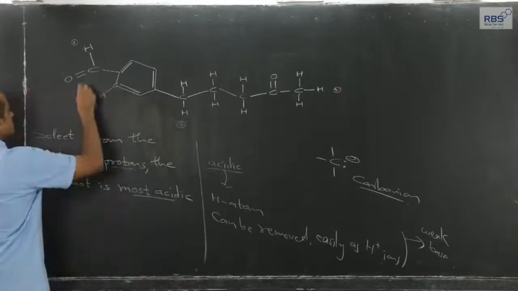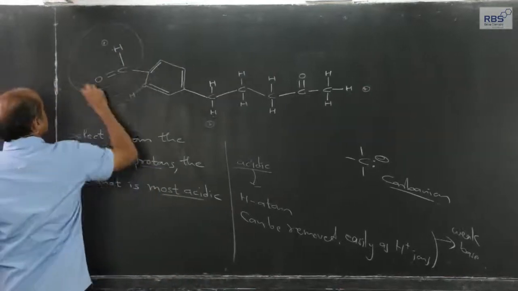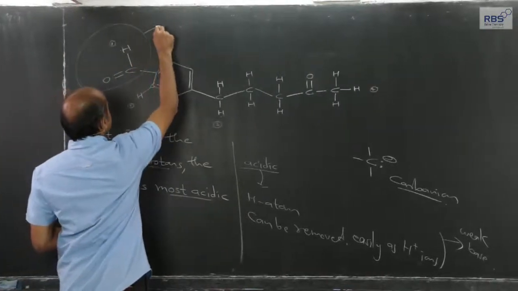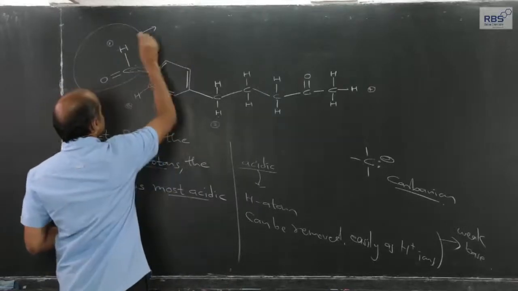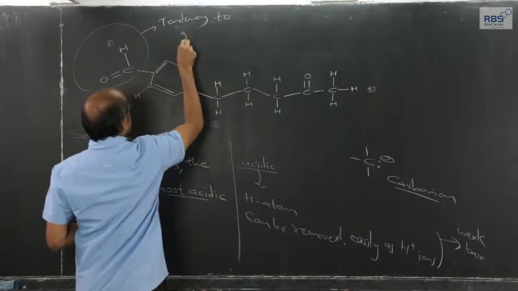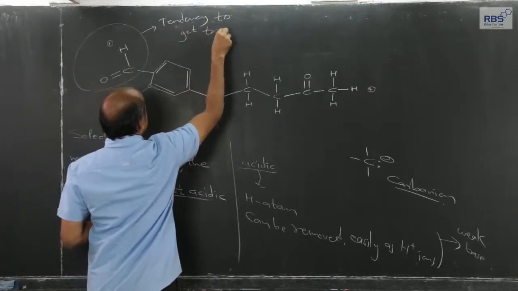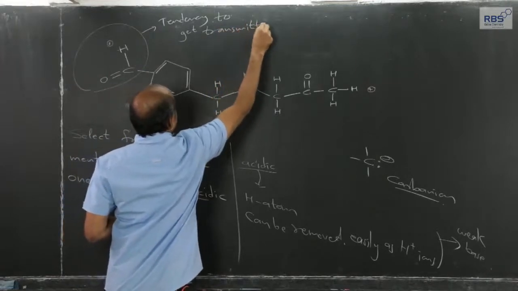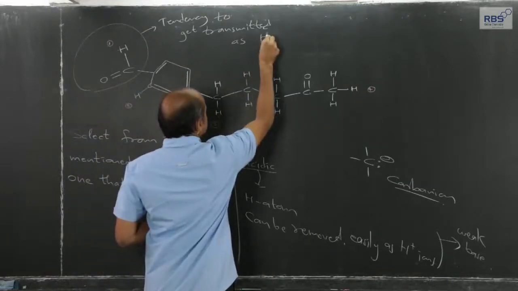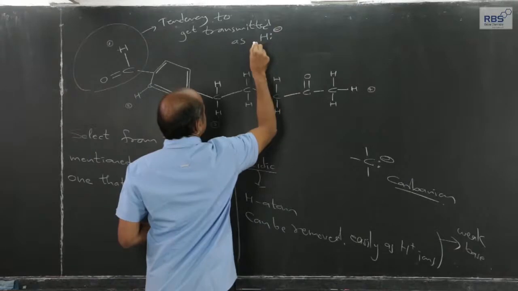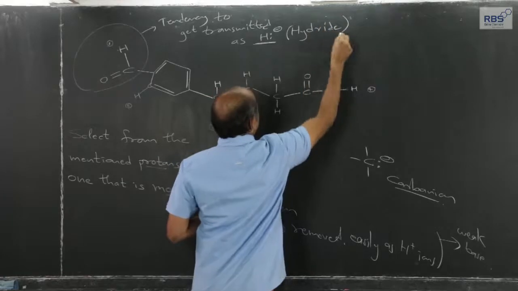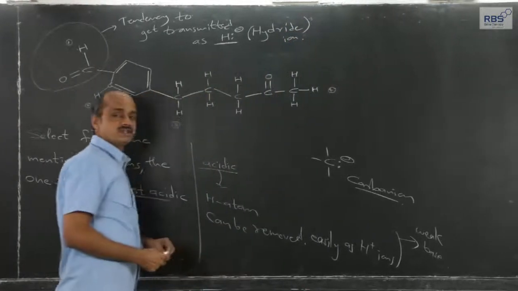Now, let me explain this CH bond in the aldehyde group. The hydrogen in the aldehyde group has a tendency to get transferred in the form of a hydride ion, H minus ion.